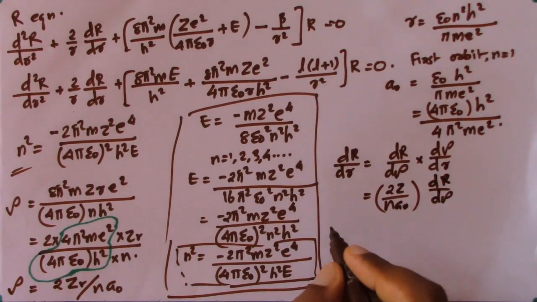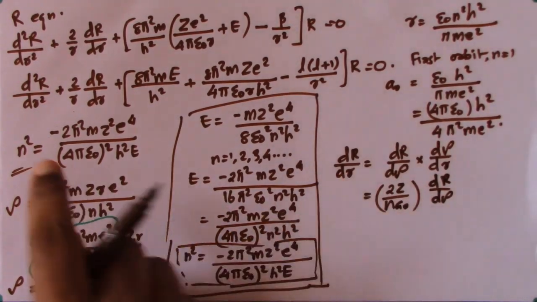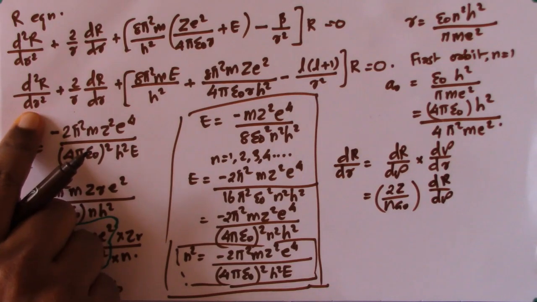Next we can find out d square R by dr square, because we have d square R by dr square here.